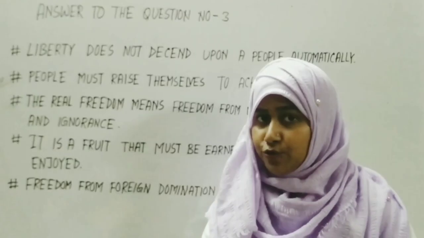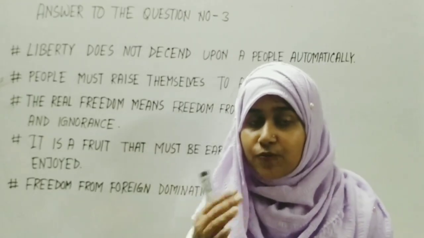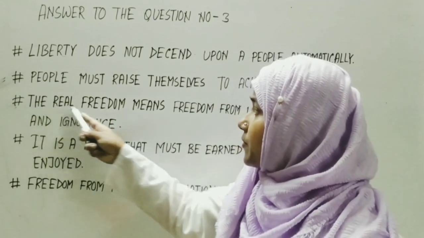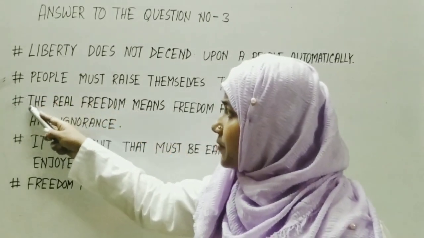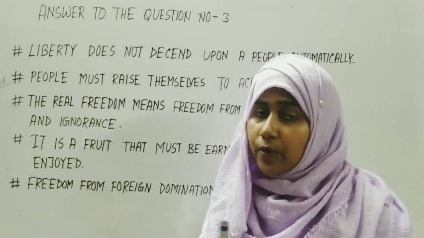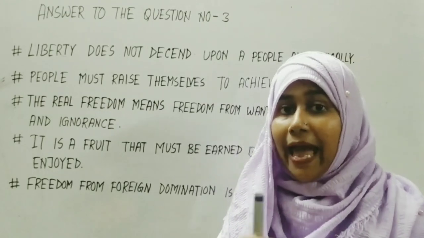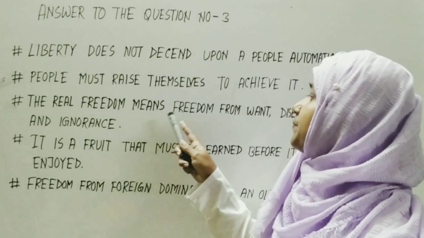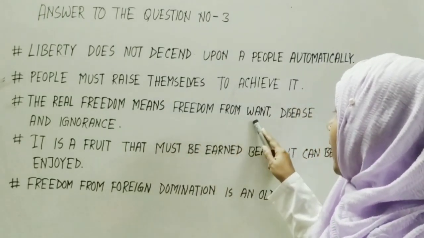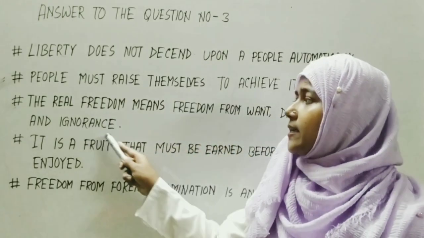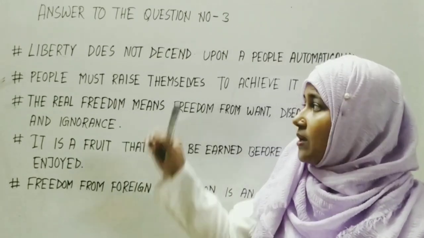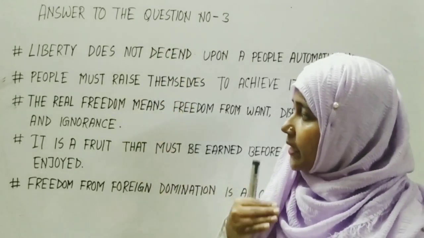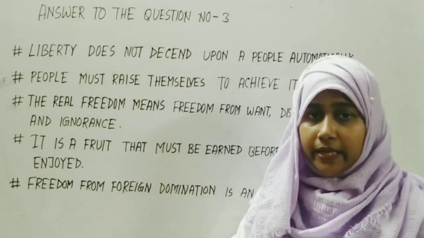So what should we achieve? That is the real freedom. We should want the real freedom. And what is the meaning of real freedom? The real freedom means freedom from want, disease, and ignorance. Okay, so this is how you can maintain the sequence.